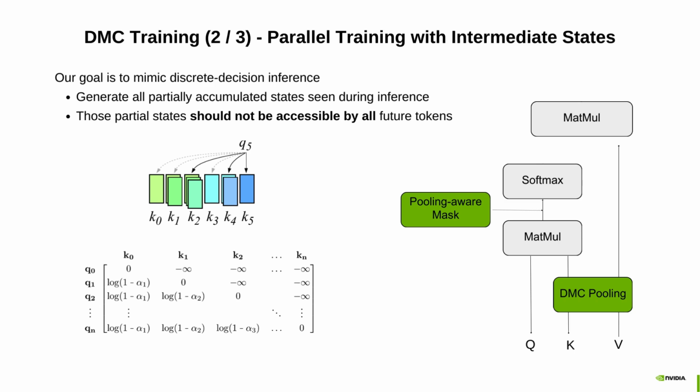However, the previous group, represented by K1, will be discarded during inference as it was overwritten by K2. To account for this during training, we modify the attention scores computed within self-attention using a float pooling-aware mask, which is generated based on the predicted alphas.